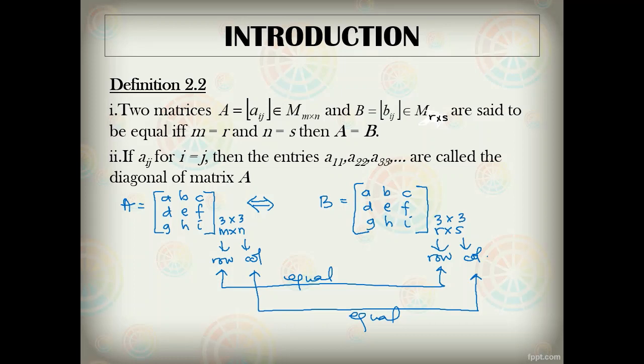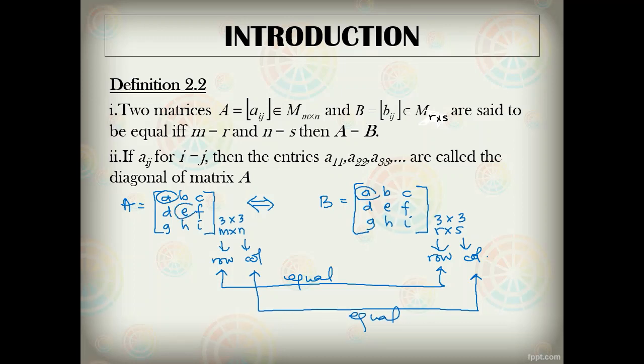So here they have equal rows and equal columns, and matrices A and B are said to be equal when all the elements inside are also equal.